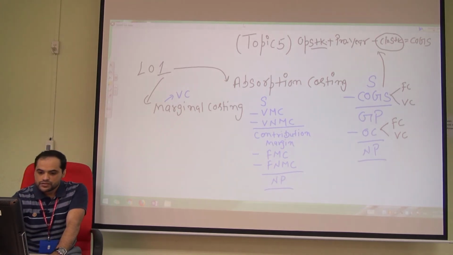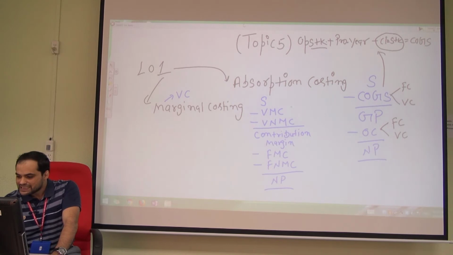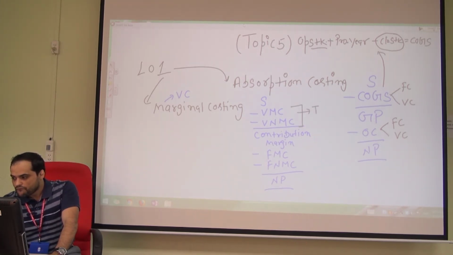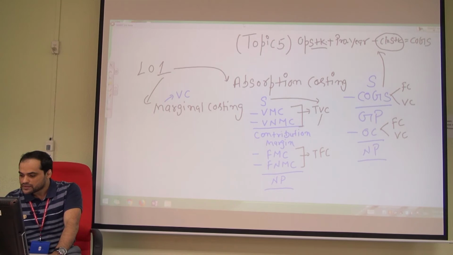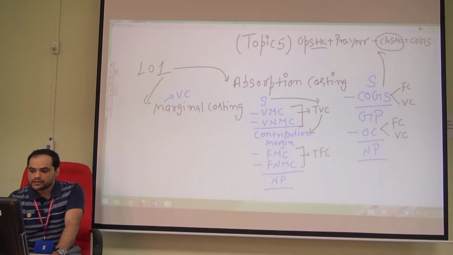Alright. So this is the total variable cost. And this is the total fixed cost. So sales minus total variable cost is contribution margin. Keep in your mind, sales minus variable cost is contribution margin.